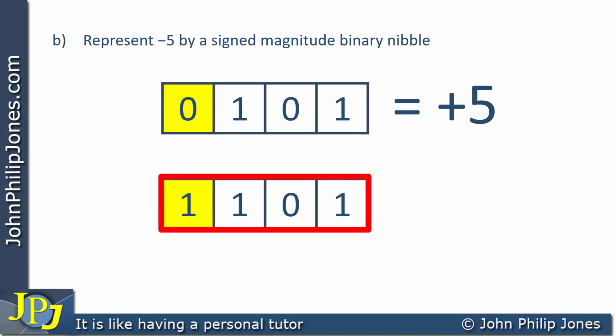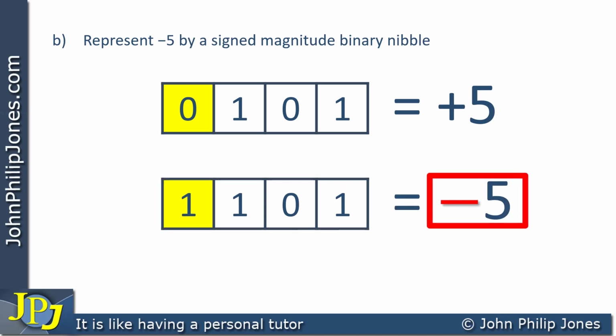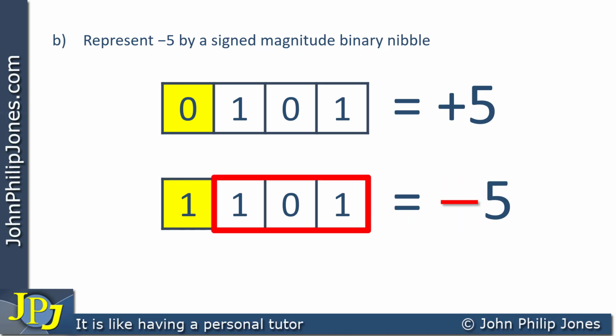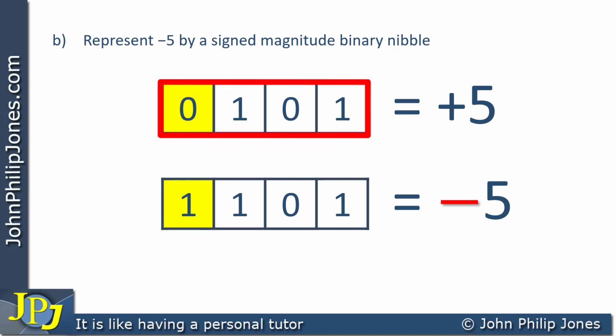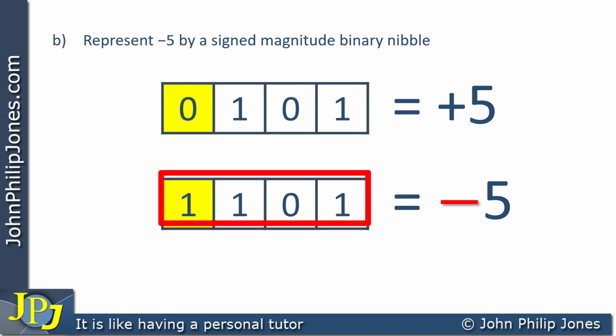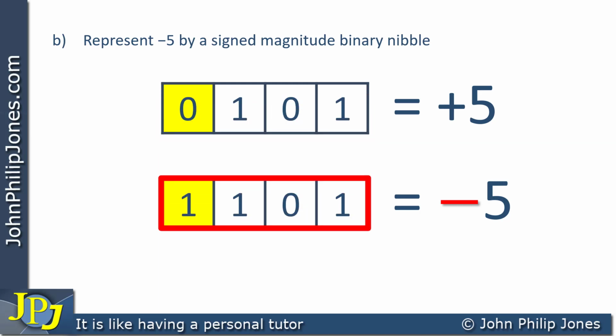So this binary pattern equals -5, where this is the sign bit representing the negative, and this is the magnitude representing the 5. So what you can see in front of you is how you represent +5, and this is how you represent -5 in signed magnitude binary nibbles.